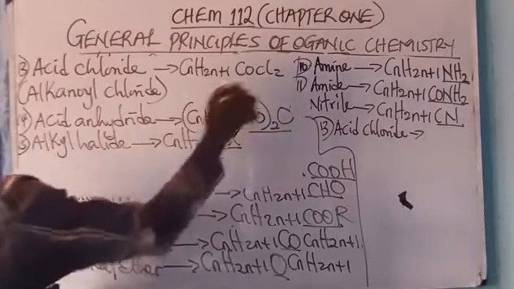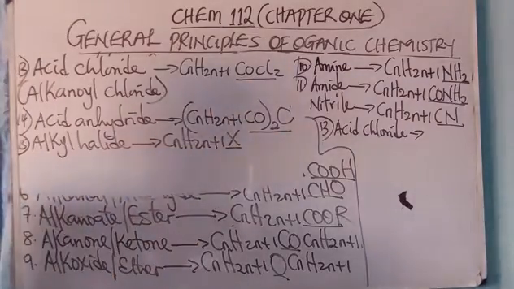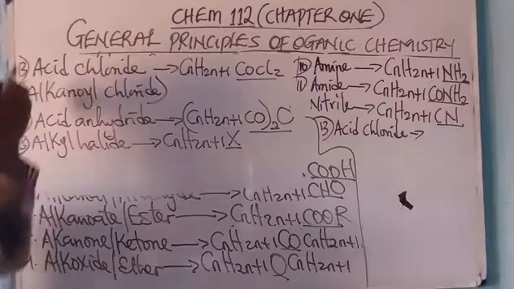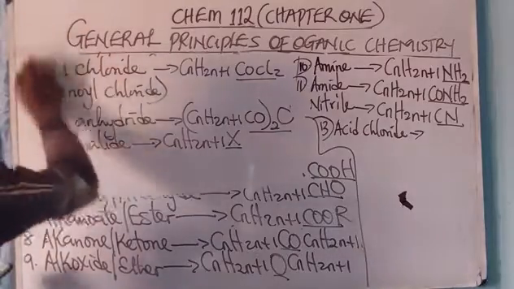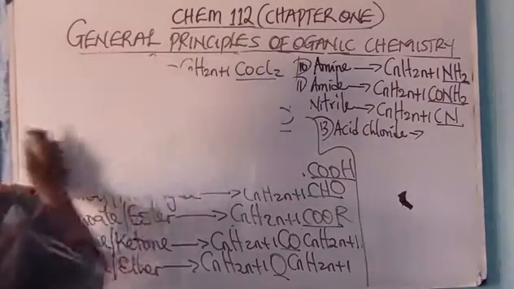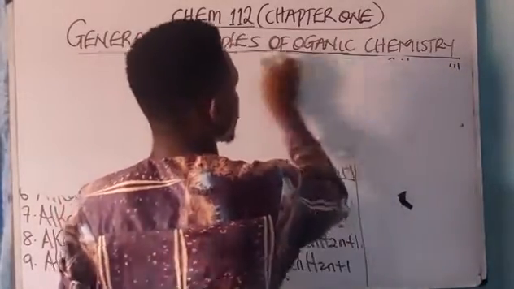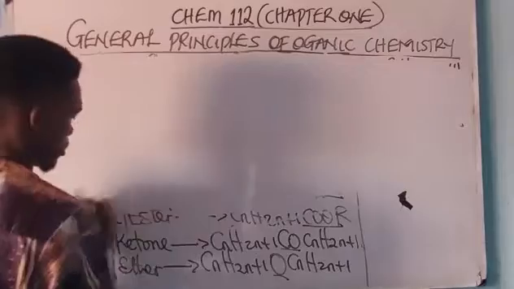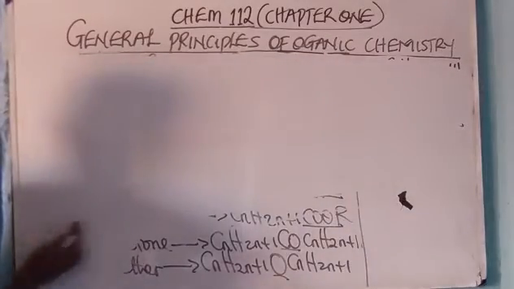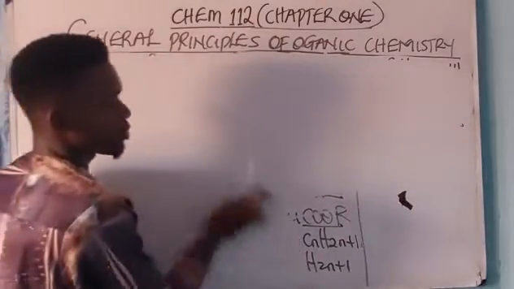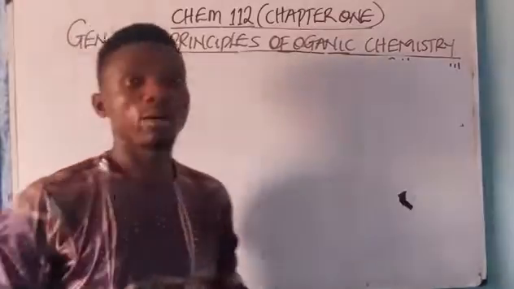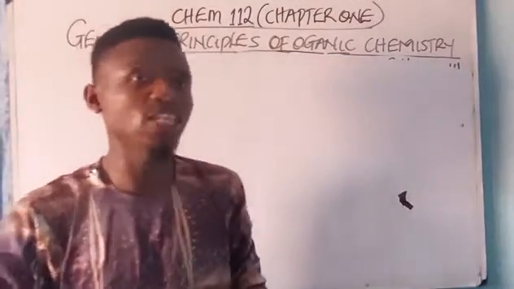All right, take note of that. So let's take the next topic, which is isolation and purification of organic compounds. In this topic, we are going to be discussing how various compounds are separated from one another.